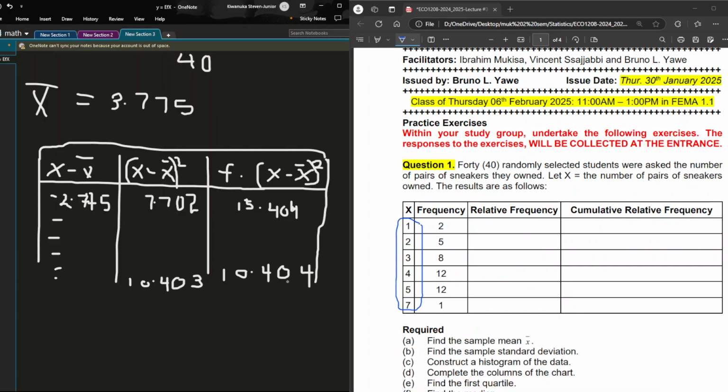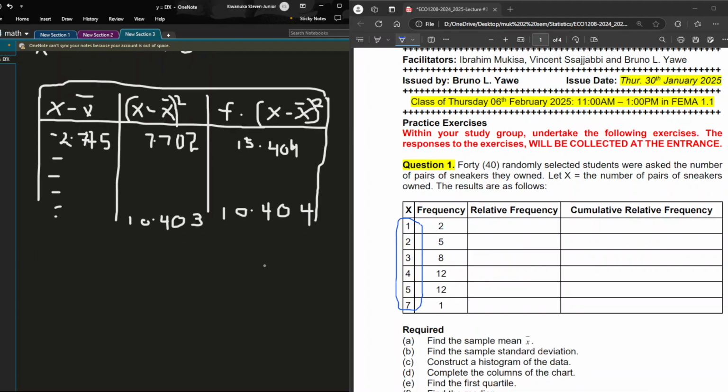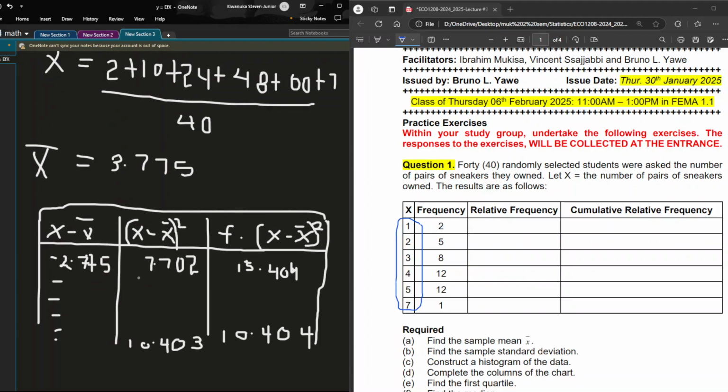So after finding that, we come to the formula. The formula for this, since you should remember that it is ungrouped.